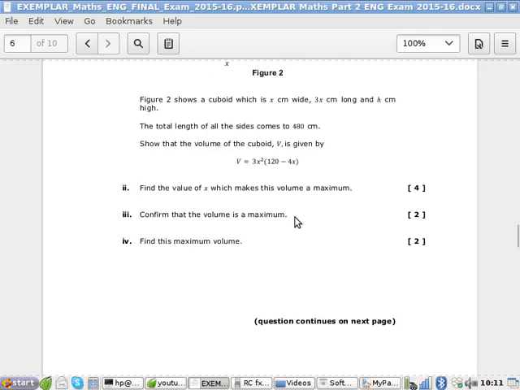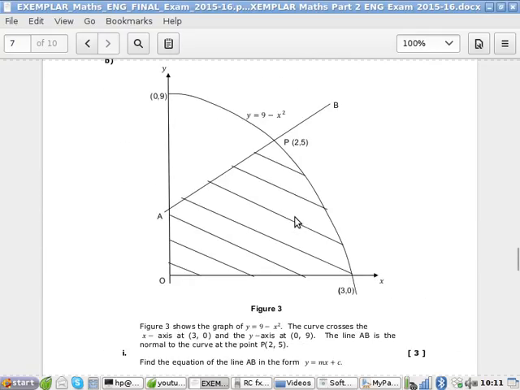Yeah, okay. Right, so the first part here is to find the normal. And you have this curve and you have the point, and that's enough. Okay, do you want to try that? Yeah. And then we'll do the area. So it's y equals 9 minus x squared, and the point is 2, 5. Okay, so let's find the normal.